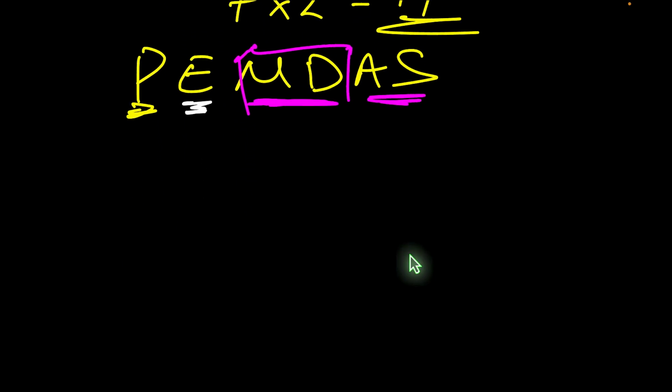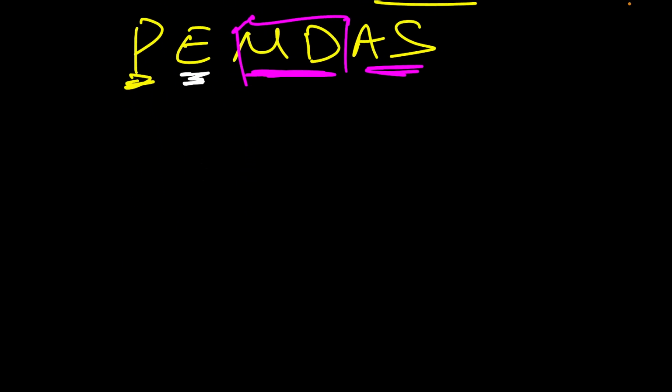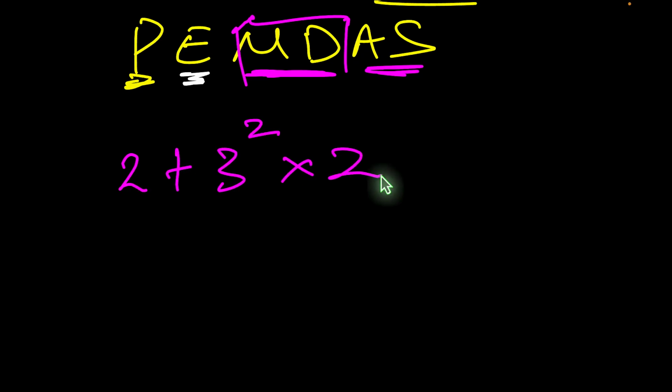Right, so let's introduce some powers now along with multiplication. Let's say what we had was 2 plus 3 squared times 2. Again, you need to ensure that you see this now as a single value, because that's our first priority. That's the exponent, since we don't have any bracket.